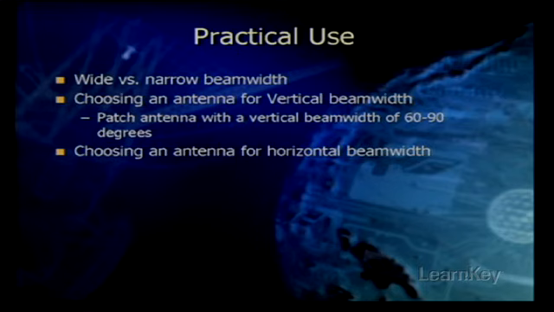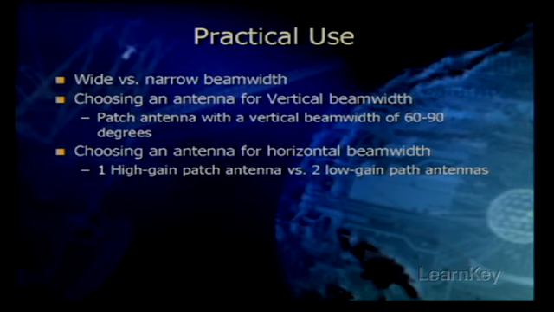Having this high gain, the patch antenna's horizontal beam widths are significantly narrowed, such that the rooms on either side of the hallway do not have adequate coverage. Additionally, the high-gain antenna doesn't have a large enough vertical beam width to cover the floors immediately above and below. So in this case, you may decide to use two patch antennas versus one, at each end of the hallway facing each other.